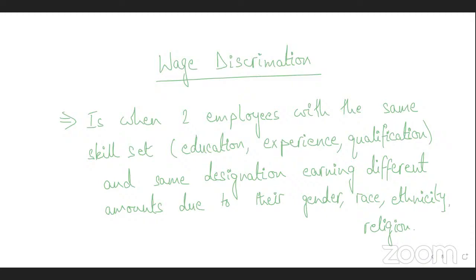Don't worry about it. Okay, now, what is wage discrimination? Wage discrimination is very simple. We do know that there is price discrimination. Think about this: if a Pakistani goes to some place in Pakistan and the hotel is charging him 10,000 rupees for a night.